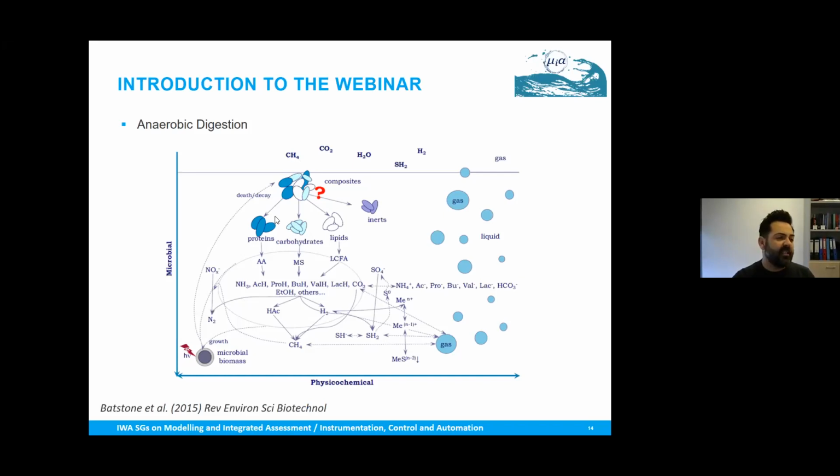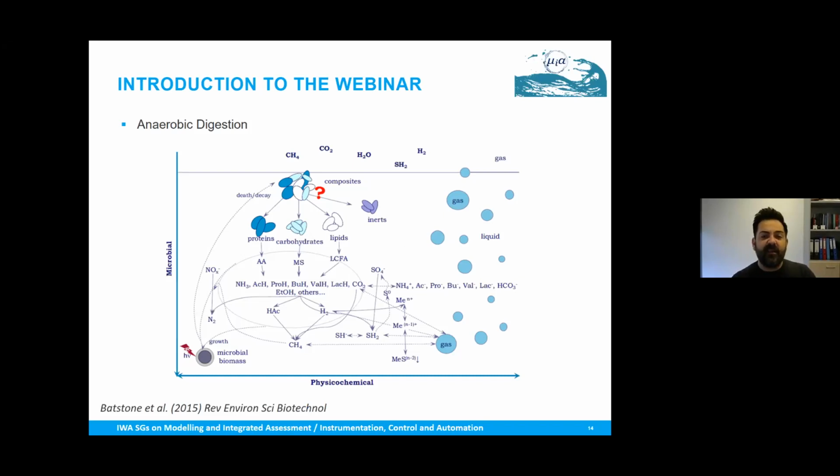The initial processes are conducted by bacteria that are responsible for hydrolysis and fermentation, and the following ones are mainly carried out by syntrophic associations between bacteria and archaea for the anaerobic oxidation of alcohols and organics to these more reduced monatomic carbon forms.